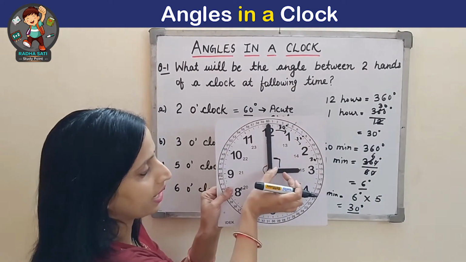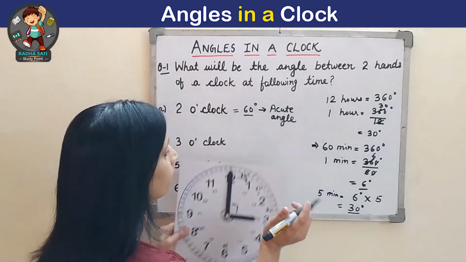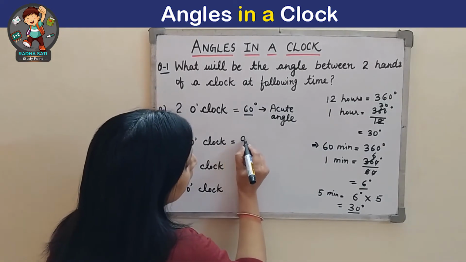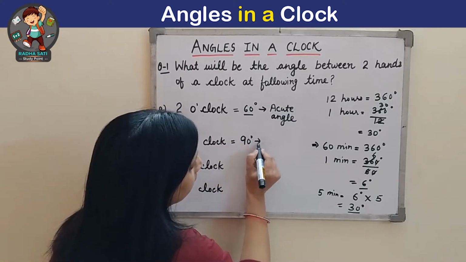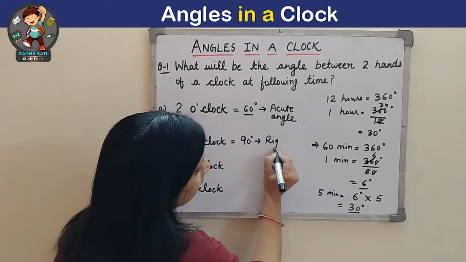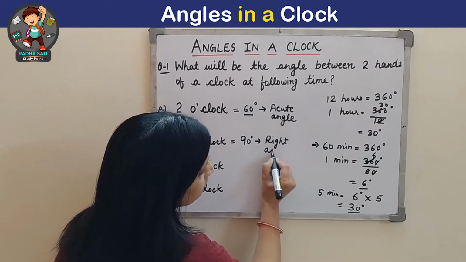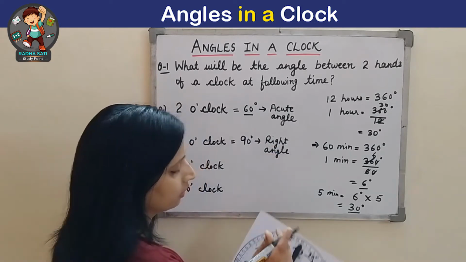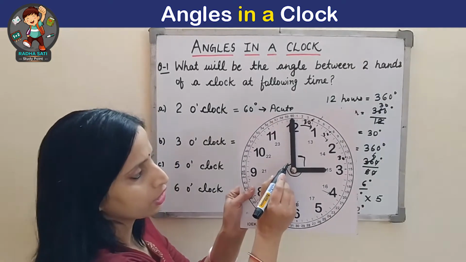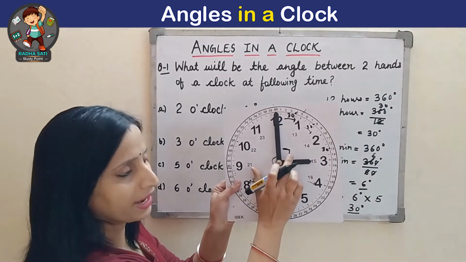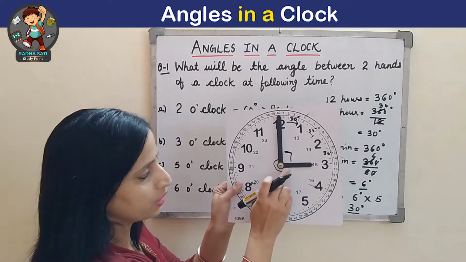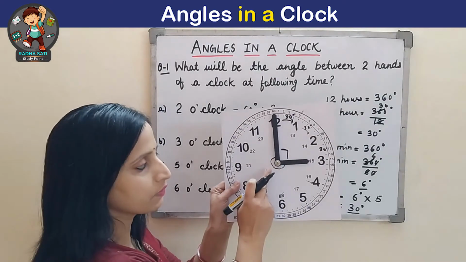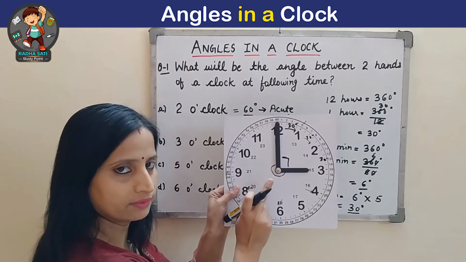At 3 o'clock, the angle formed will be a right angle, or 90 degrees. To find this bigger angle, you can just subtract this 90 from 360 and you will get this angle also. This will come to 270.